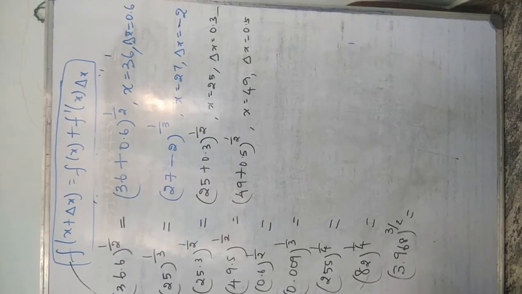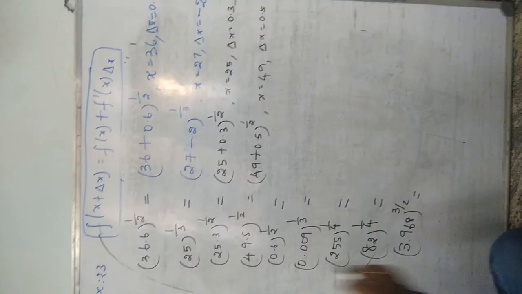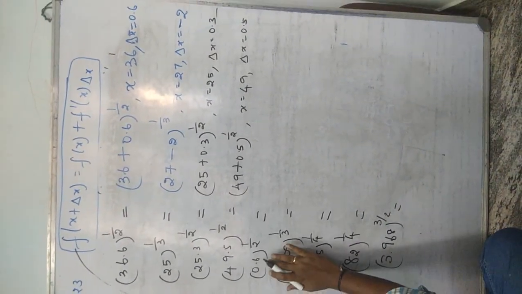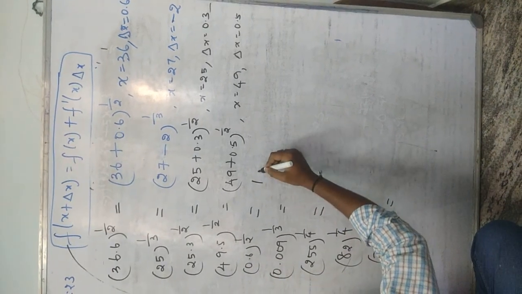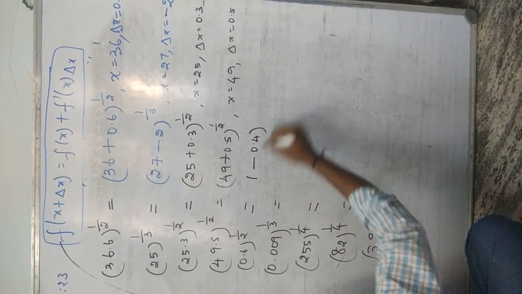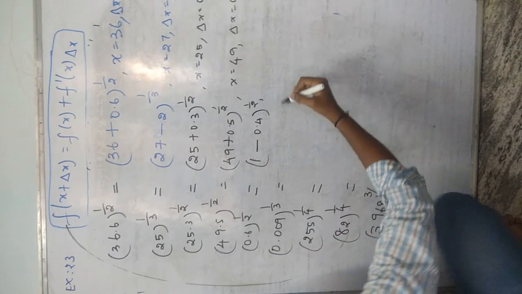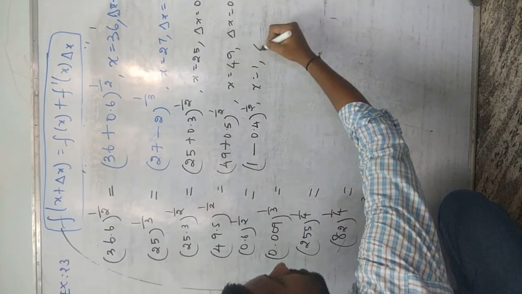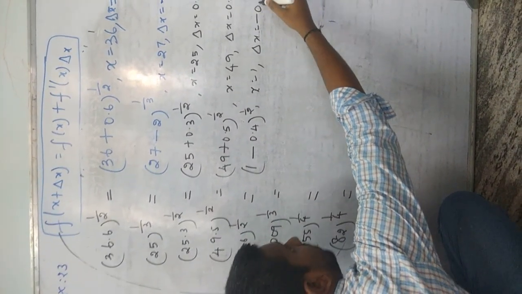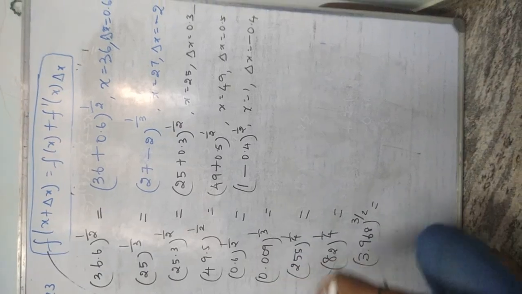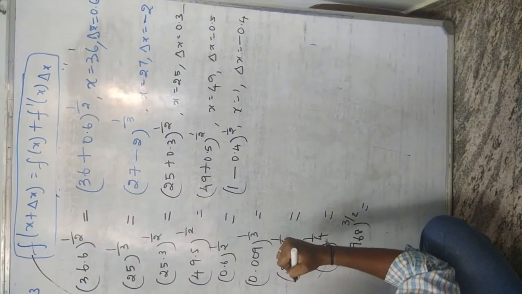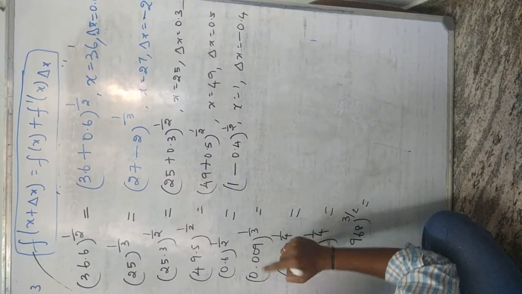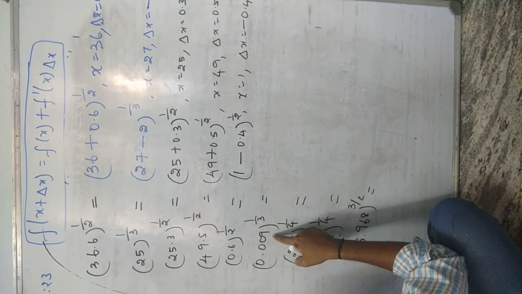And 0.6 power 1 by 2: nearest square root, some people joke about taking 0, but no, take 1 minus 0.4. So x equal to 1, delta x equal to minus 0.4.